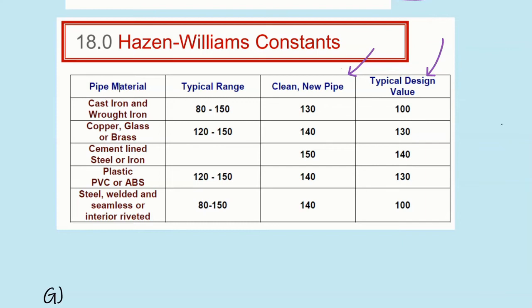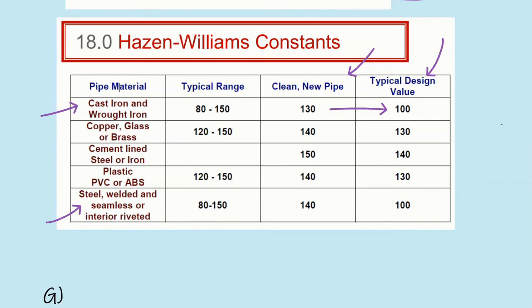As the system ages, you'll see that like cast iron and steel, the interior of these will pit and become corroded, and that causes the number, remember this is a denominator, to drift from 130 to 100, which means you're increasing that head loss due to friction, because the smaller that number on the bottom, the worse it is.